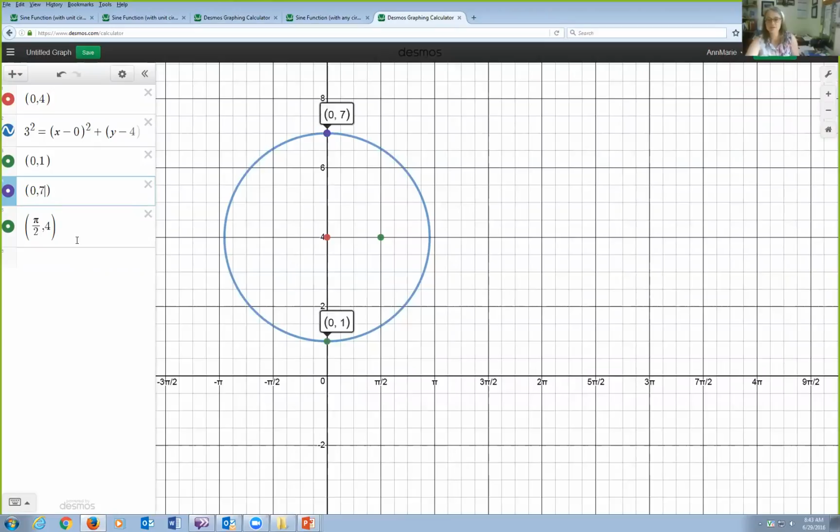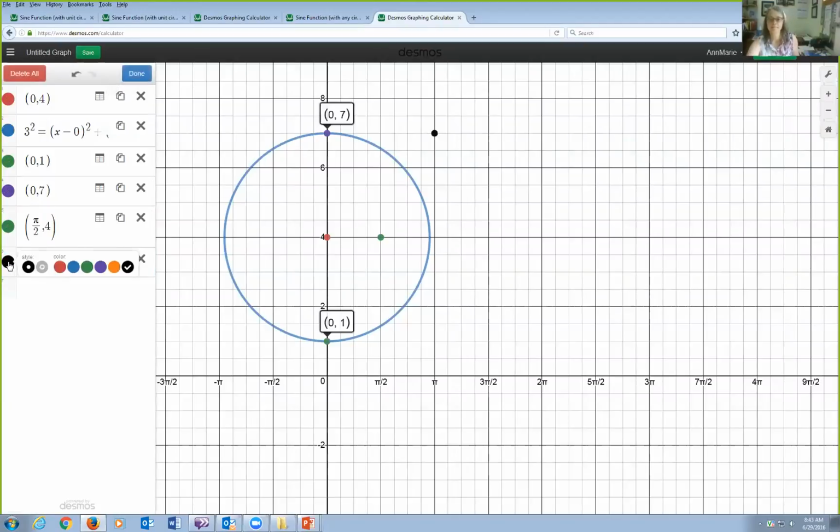At that point, my height is 7 units up, and I have traveled a total of pi radians, right?